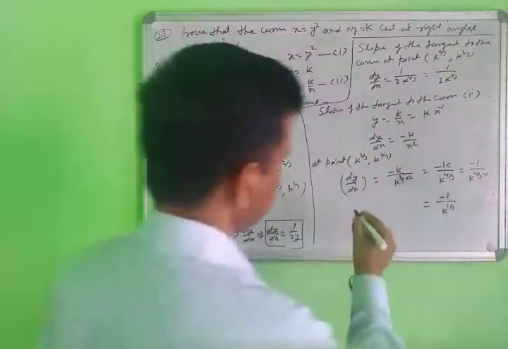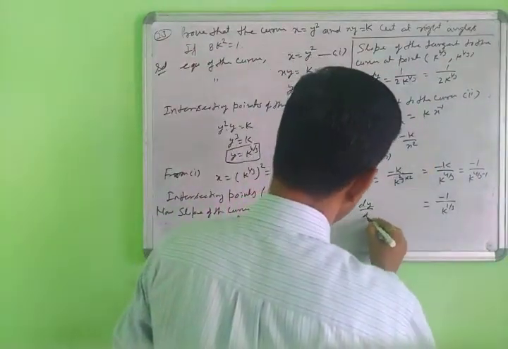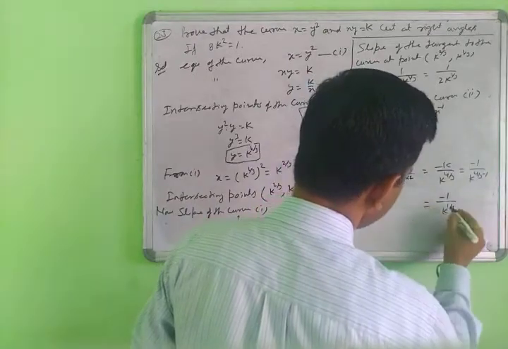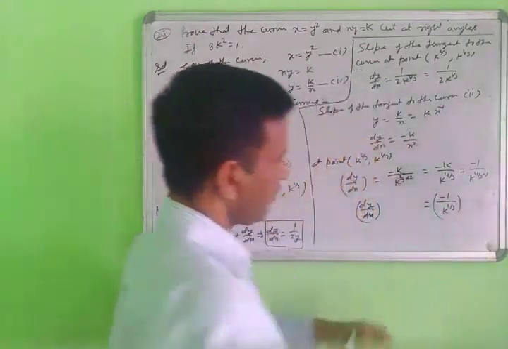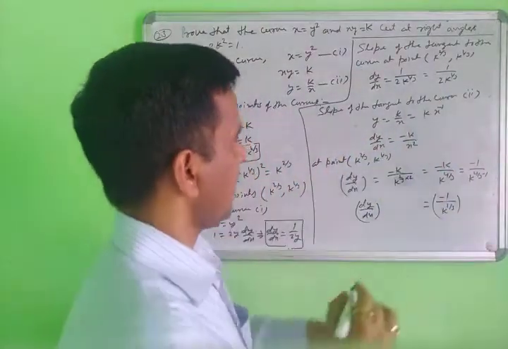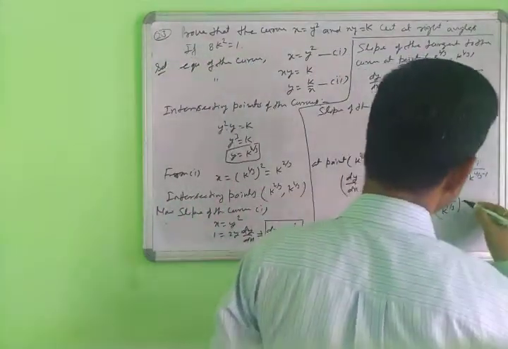So the slope of the second curve at the point is minus 1 upon k to the power 1 by 3. This is from the first curve, and this is from the second curve.